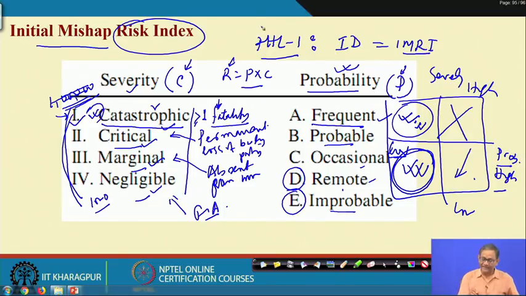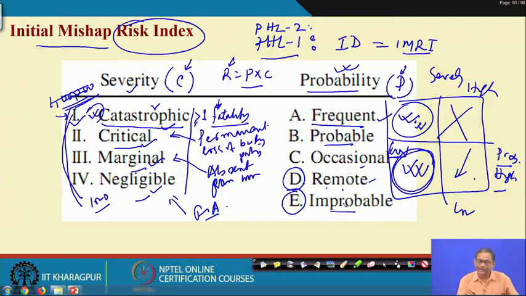For the second hazard, suppose PHL 2, for example, here PHL 1, the missile body that crashes, is catastrophic, but it may be a remote possibility.